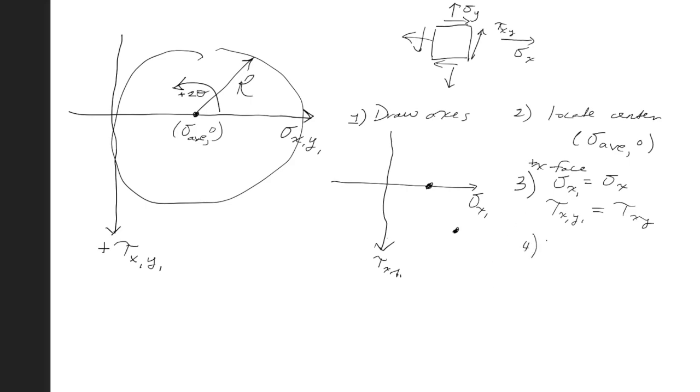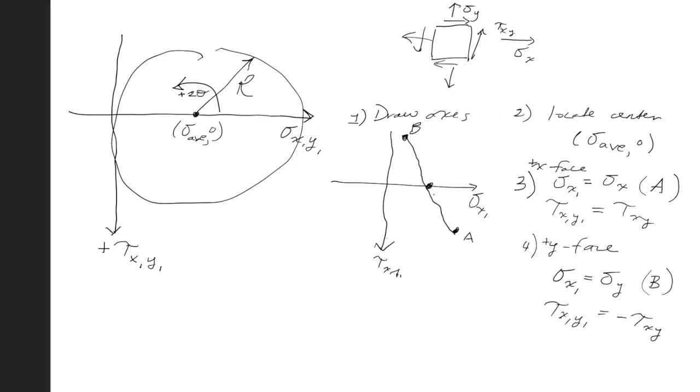Let's also draw the point corresponding to the positive y face. In this case, sigma x1 is nothing more than sigma y, and tau x1y1 is negative tau xy. And so, let's say that's over here. Let's call this point A, call this point B. Okay, now let's go ahead and connect the dots.